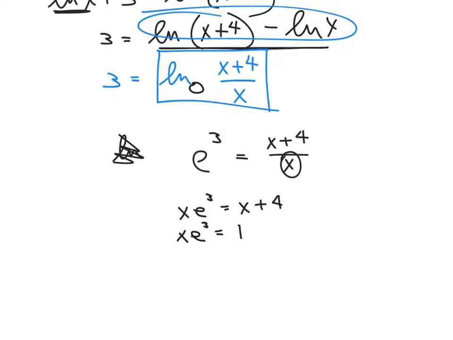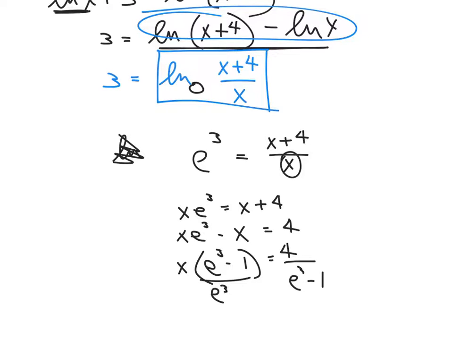Oops, probably help if I actually subtract it from both sides, huh? Now I'm going to factor out an x from this side. Okay, now I'm going to divide both sides by e cubed minus 1. Cancels that. So there's my x.